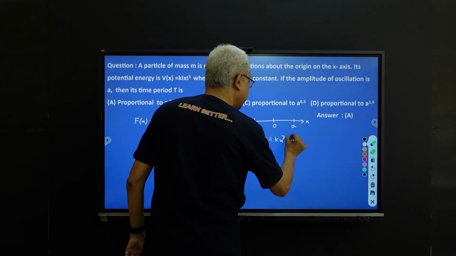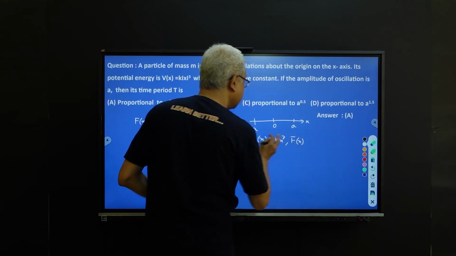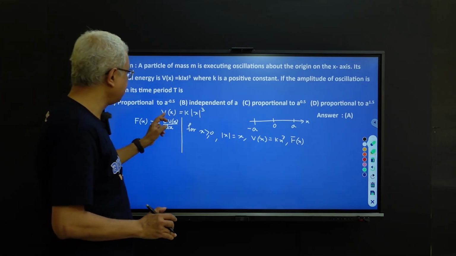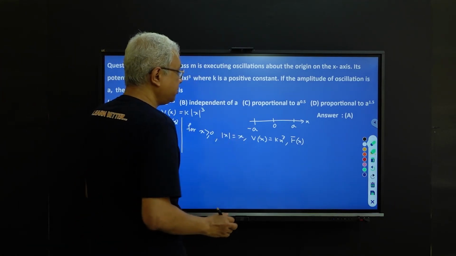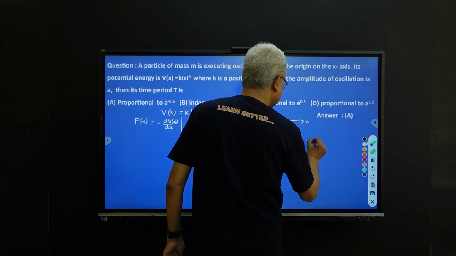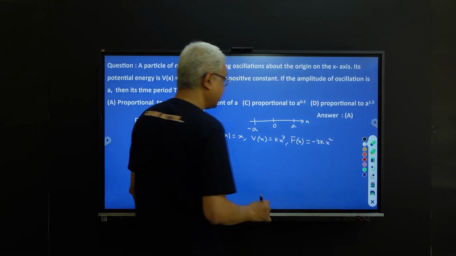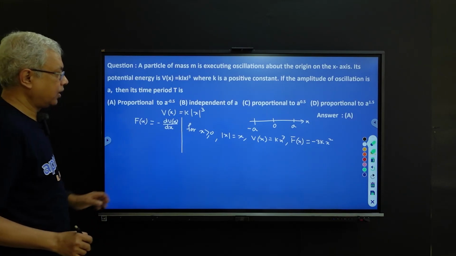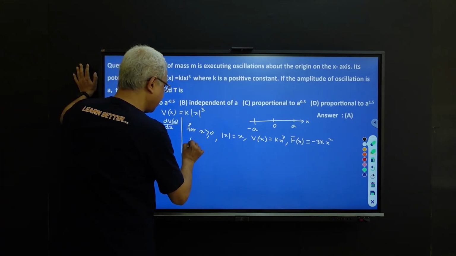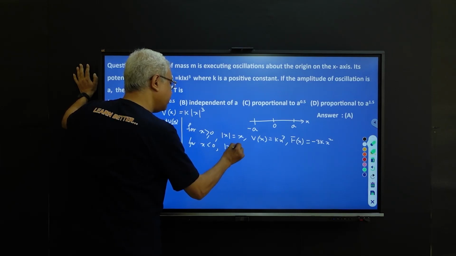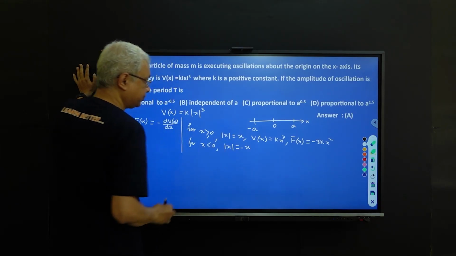Fx, the force acting on the particle when it is in positive part of x-axis, is how much? Negative dV/dx. Negative dV/dx is how much? It is minus 3k x square. And for x less than 0, mod x, you know, by definition is negative x.